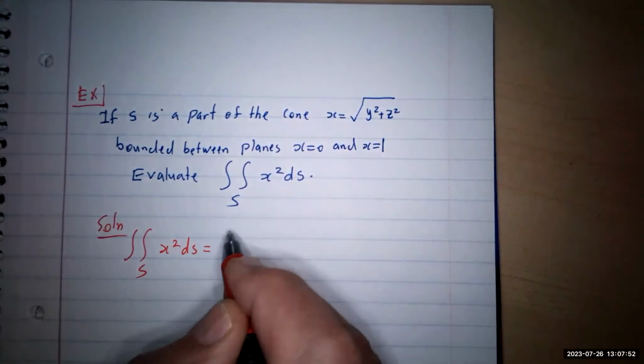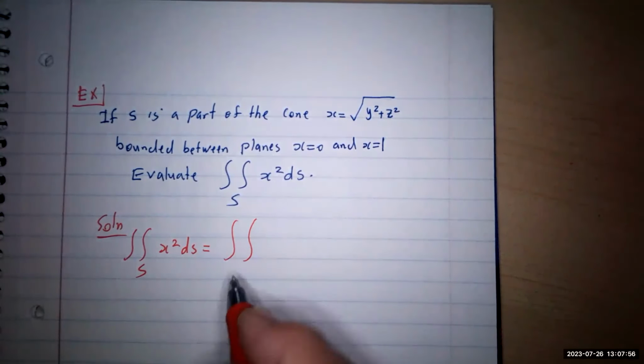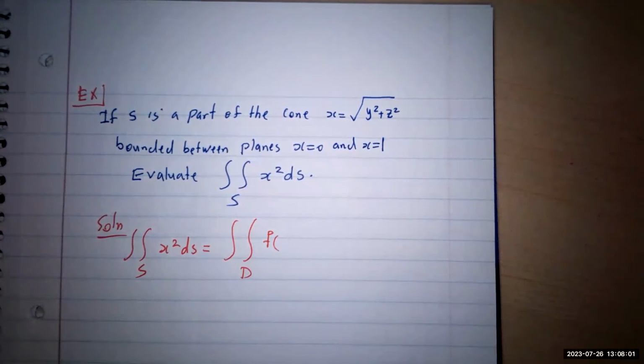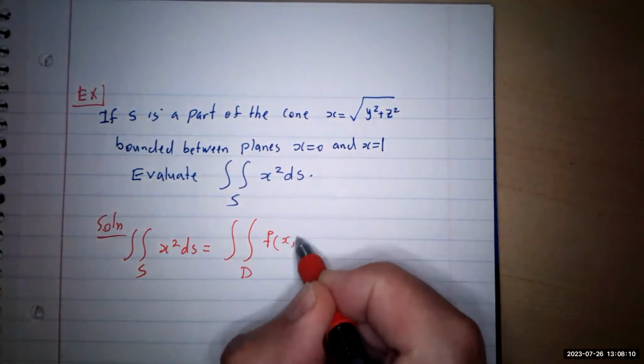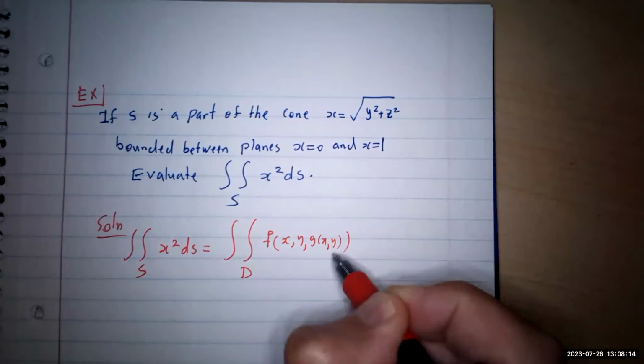If you want to find this double integral over the surface S of x squared dS, it is going to be equal to the double integral on the domain D of the function f of what? This is the general formula that you have. It's going to be f of x, y, g of x, y, remember?